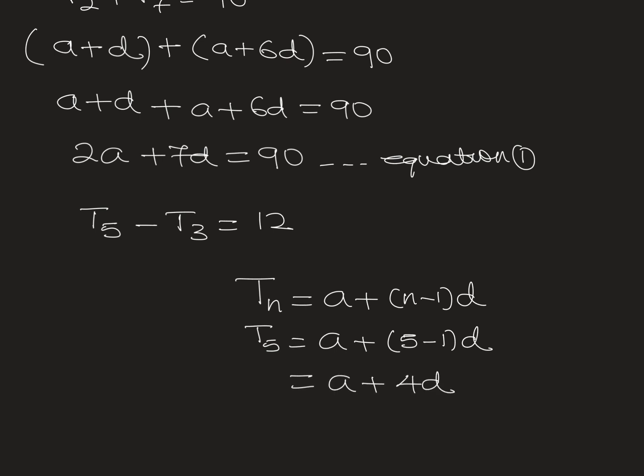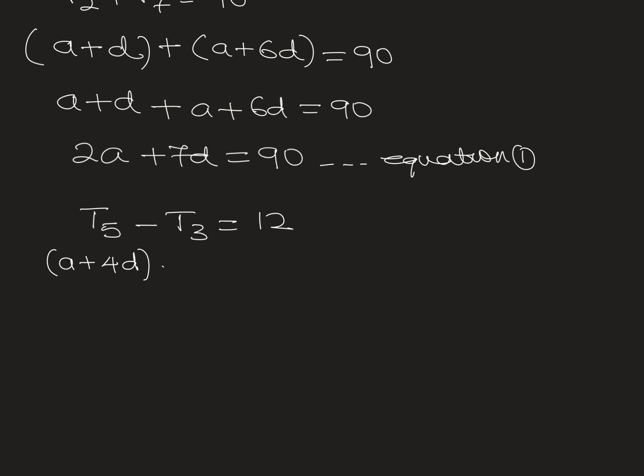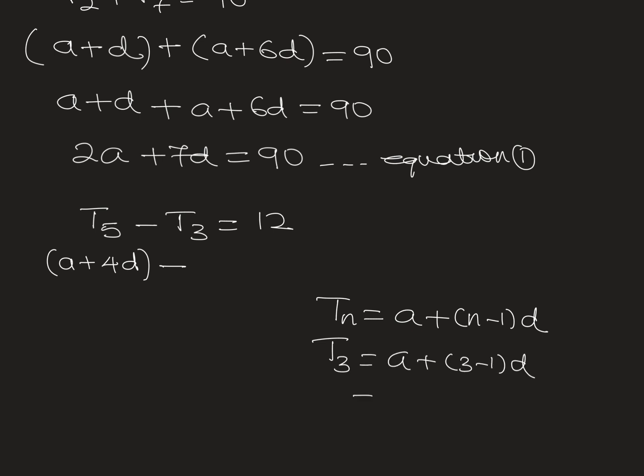So T5 is A plus 4D. Minus, so still using the same formula, if I want to find T3, that will be A plus 3 minus 1 times the difference, so that will be A plus 2D. So in the place of T3, I will substitute A plus 2D. So this is equal to 12.